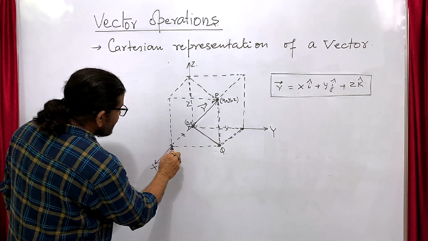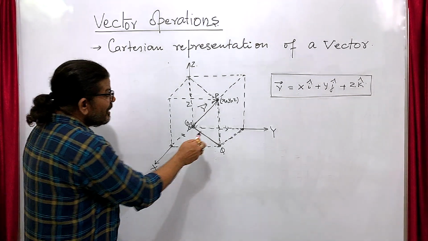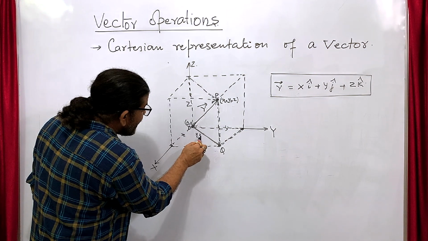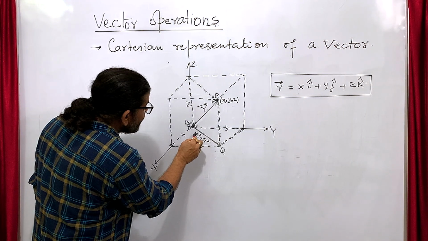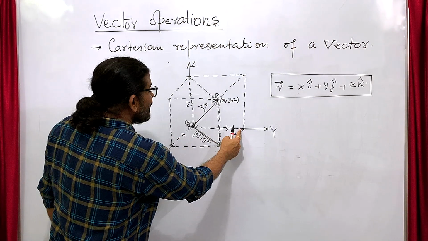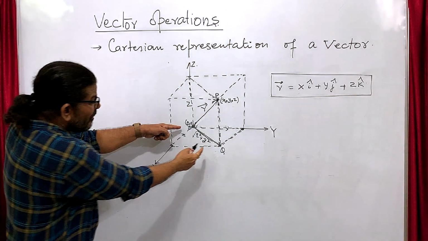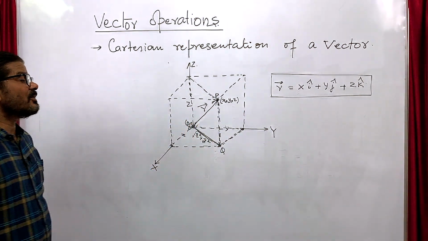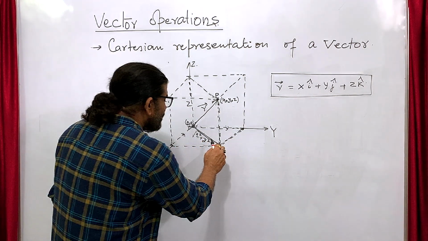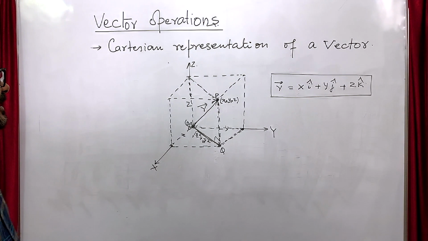So we can write the magnitude of OQ as the square root of x square plus y square, because y square plus x square gives this. Remember this angle is 90 degrees.